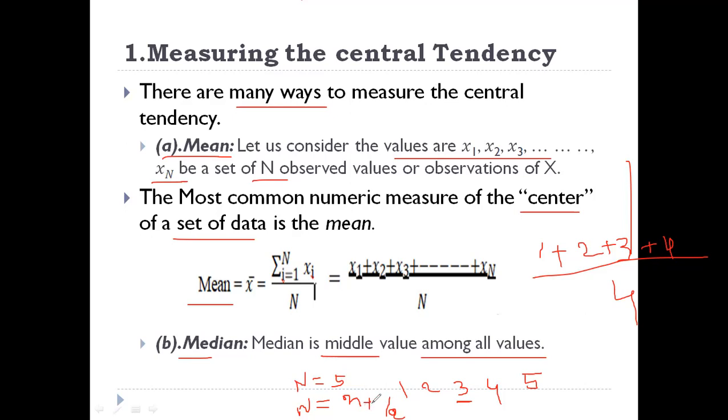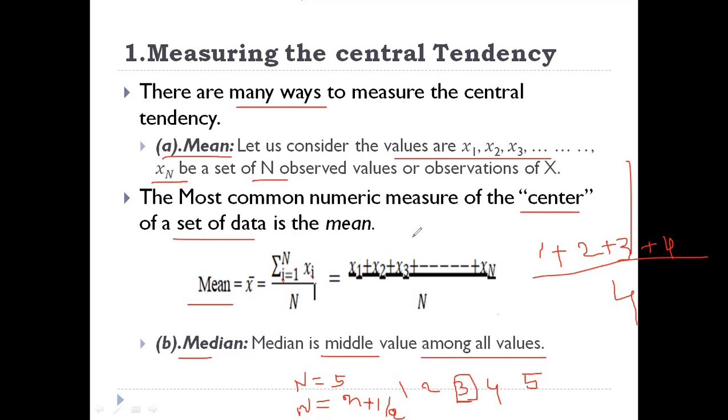How many values do we have here? 5. 5 plus 1 is 6, and 6 by 2 is 3. What is the third position number? It is obviously 3, right? Like this, you can find the center or middle value among the given values.